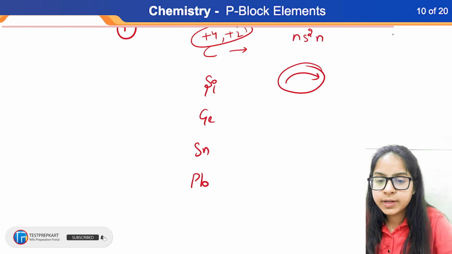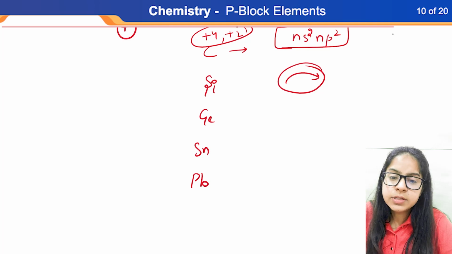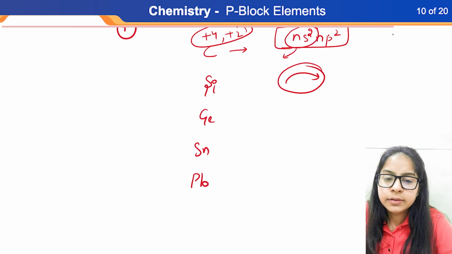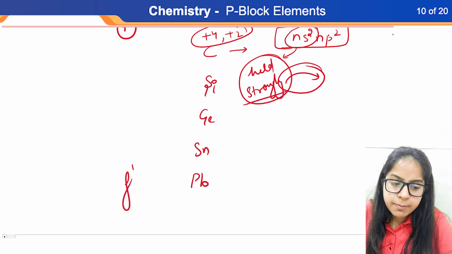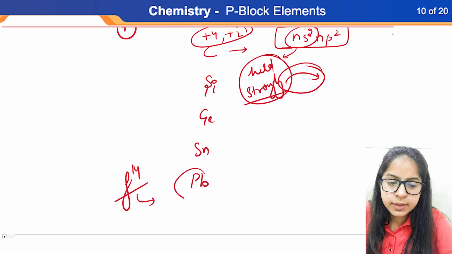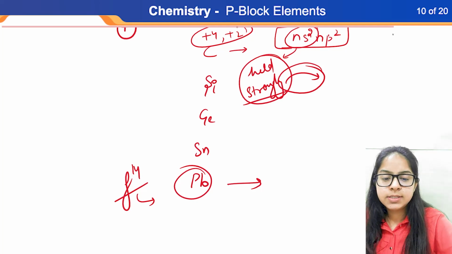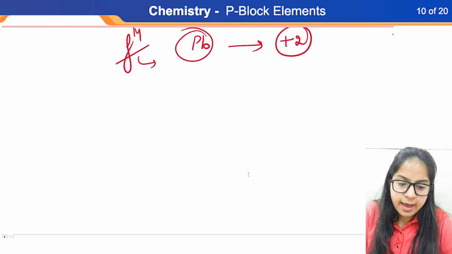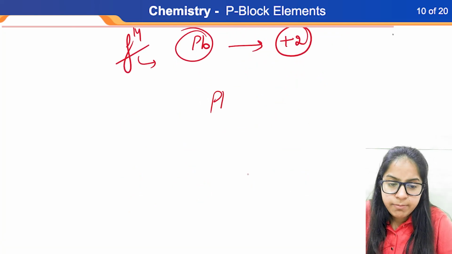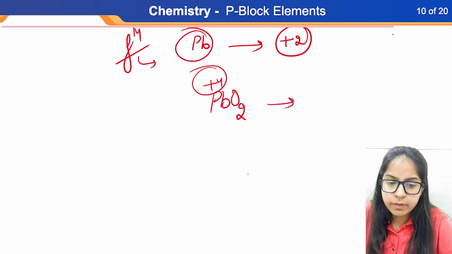Here the electronic configuration is ns2 np2. The p electrons are the outermost, but the s electrons are held strongly by the nucleus. Why? Because of the presence of 14 f electrons before lead. If you want to discuss the stable oxidation state of lead, then it is the +2 oxidation state. If you have the formula PbO2, here the oxidation state of lead is +4.